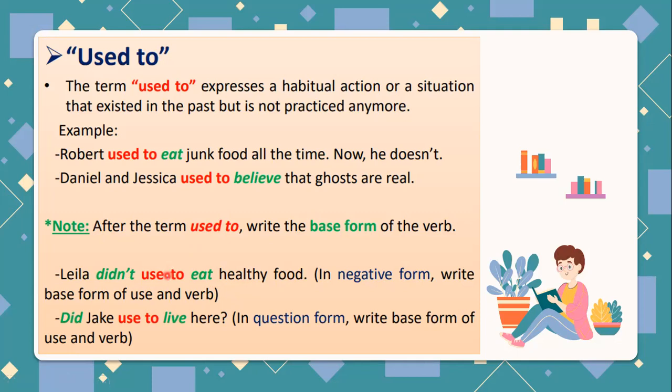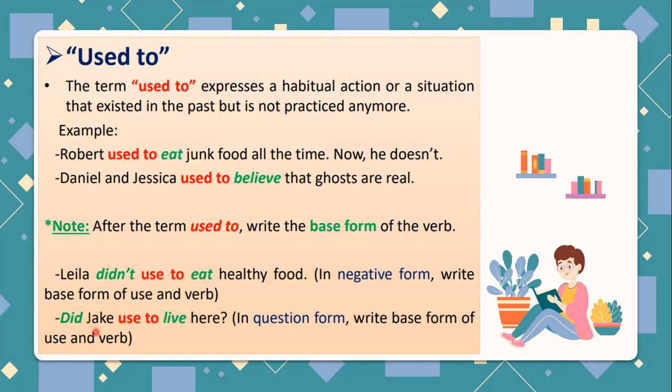Again, let's look at this sentence in comparison to this sentence. In the affirmative, I have used to, with the ED, and the base form of the verb. However, in the negative form, I remove the D from the verb use. Why is that? Because I already have did here. So did not use to eat.